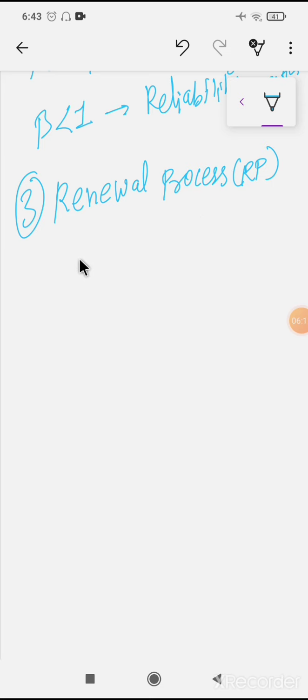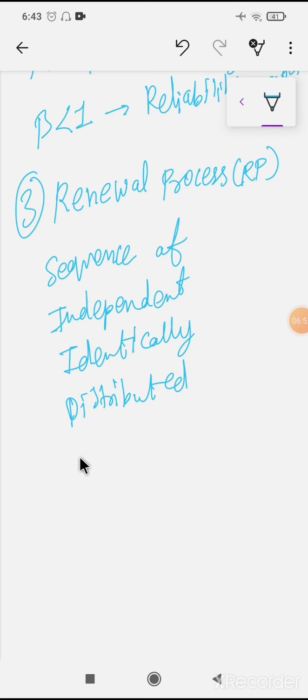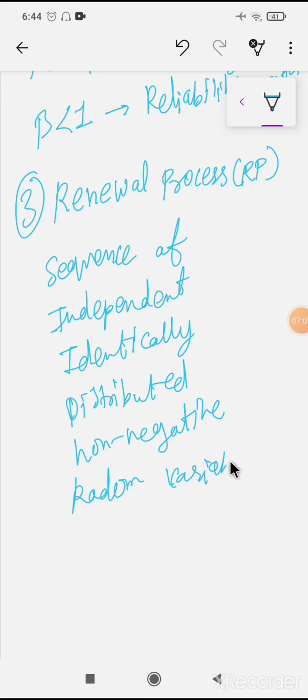A renewal process is defined as a sequence of independent, identically distributed, non-negative random variables, that is x1, x2, x3, and so on.